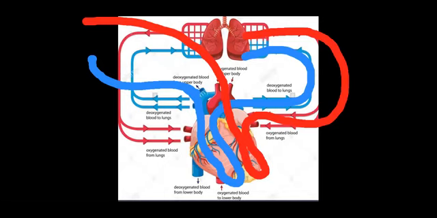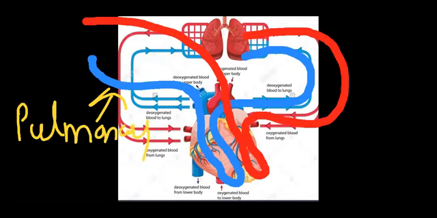Now children, the circulation where the deoxygenated blood is transported from other body parts to heart and from heart to lungs is called pulmonary circulation. क्या बोलते हैं इसको?